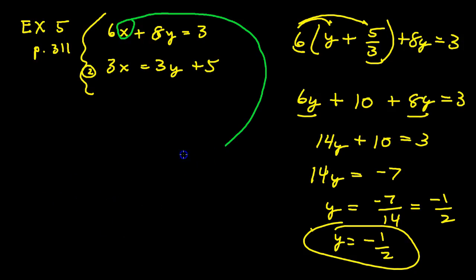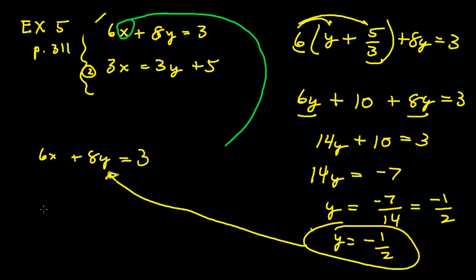Again, now I can pick either equation I want. I'll take this first one. 6x plus 8y equals 3. Plug y equals -1/2 in for y, and then solve for the remaining x variable.